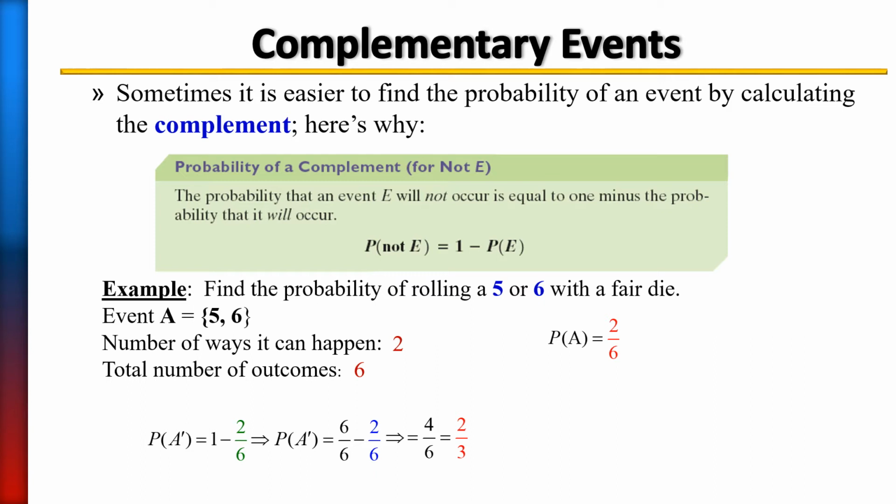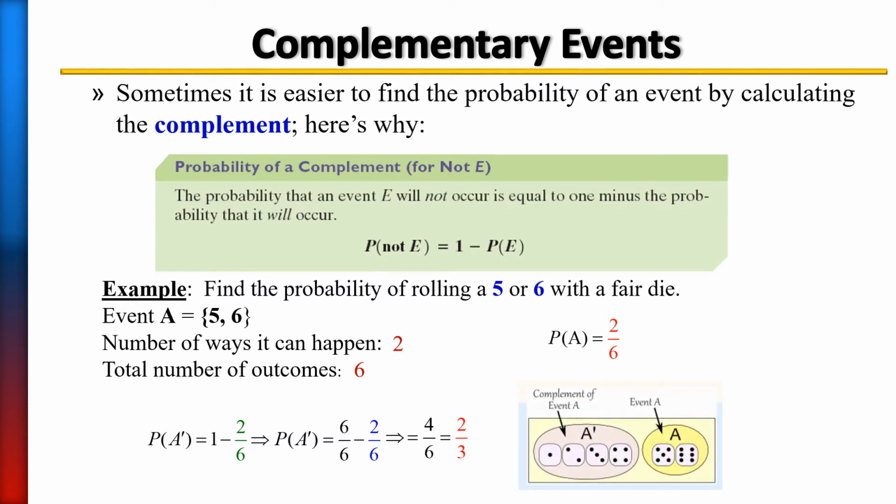Now I want to show you a visual representation of what we just did here. Recall there were only 2 sides out of the 6 that were 5 or 6, and that was your event A. So the complement of that, the opposite, the other sides that are not a 5 or 6, that would be your complement of A, and remember there are 4 other sides.